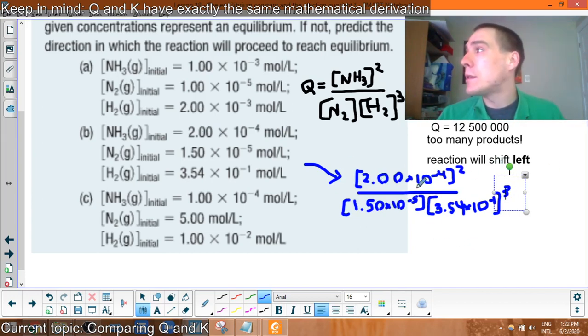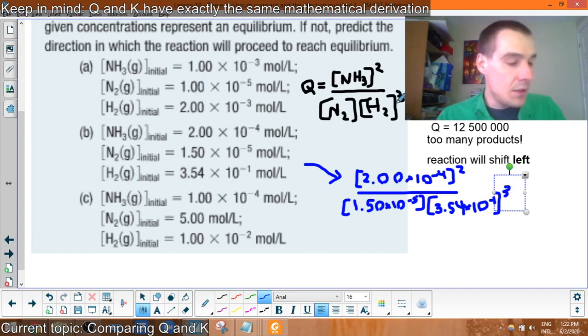My NH3 on top, N2 just by itself, 1.5 times 10 to the negative 5, and the H2, 3.54 times 10 to the negative 1, cubed, because that's in there, it's cubed. So let's put that into our calculator. 2 times 10 to the negative 4 squared divided by, open a bracket, 1.5 times 10 to the negative 5 times 3.54 times 10 to the negative 1 cubed.